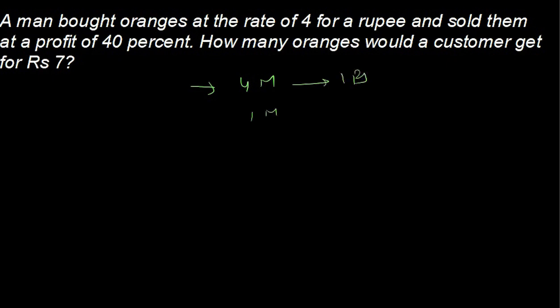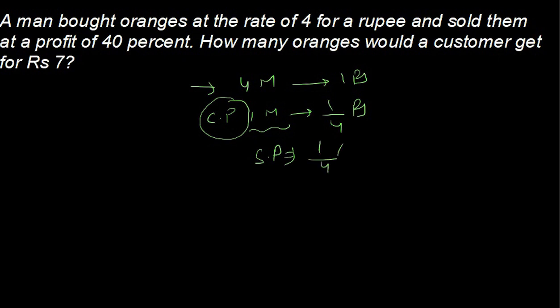So the cost price of one mango is going to be 1/4 rupees. Now on this cost price, you get a profit of 40%. So what should be the selling price? 1/4 into 140%. So 1/4 into 140% is going to be what? We can cancel 0 with 0. So 2 2s are 4. So that is what?